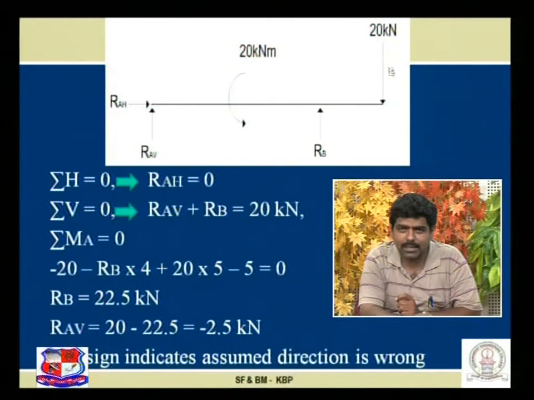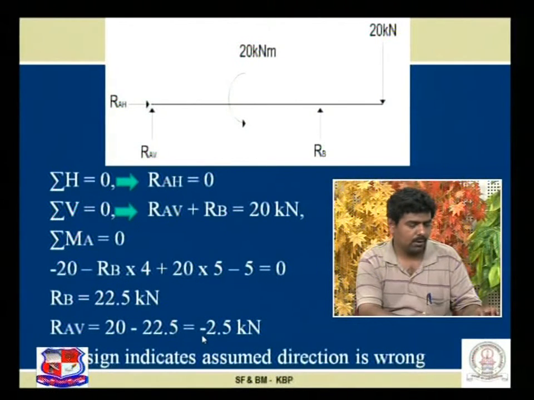This 20 creates a clockwise moment, so plus 20 into the total distance of 2 plus 2 plus 1, that is 5, which is equated with 0. By solving this equation, we find that RB is equal to 22.5 kilonewton, and by replacing the value of RB, we get the value of RAV, which is minus 2.5 kilonewton. So refer to the previous figure.